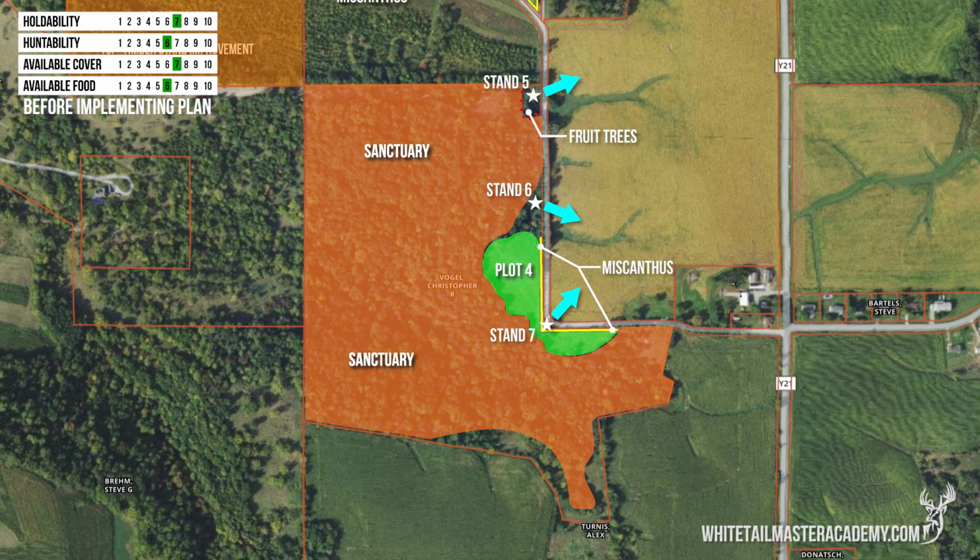But so that gives us already 3 stand locations on this track, and we haven't even gotten to the far south end yet. So as we come around the property line on the eastern side, it kind of makes an odd shape, but we're going to put an access lane around that, right on the property line, right around the edge of the property. And there's a couple of other opportunities in some openings for some fruit trees. I don't want to plant plots in here.